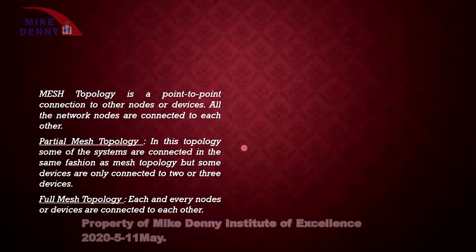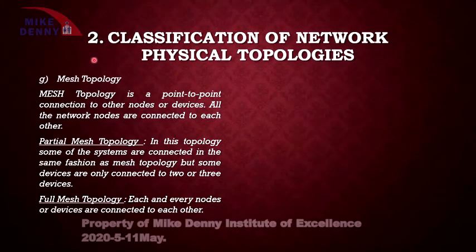So now let's have a look at the next one, the mesh topology. The mesh topology is a point-to-point connection to other nodes or devices. All the network nodes are connected to each other. We have the partial mesh topology.